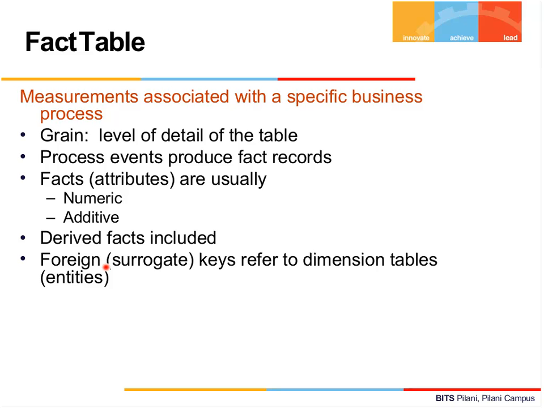As you have seen in the star schema a few minutes ago, you have a fact table in the middle and four dimensional tables linking to the fact table. That means there will be four keys in your fact table linking to those four dimensional tables. There is a key linking to the date dimension, a key linking to the store dimension, a key linking to the product dimension, and a key linking to the promotion dimension.